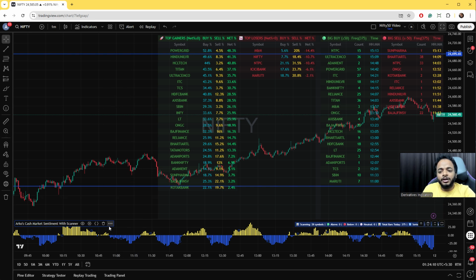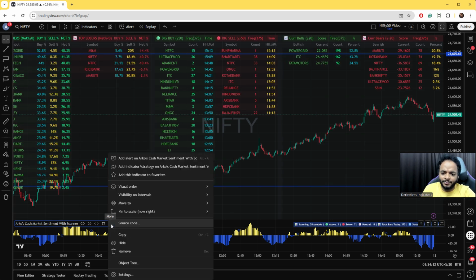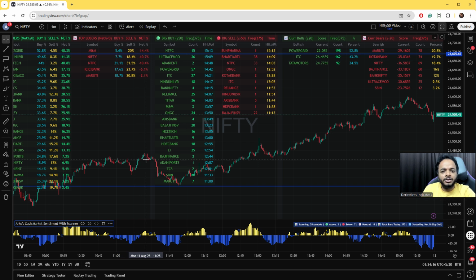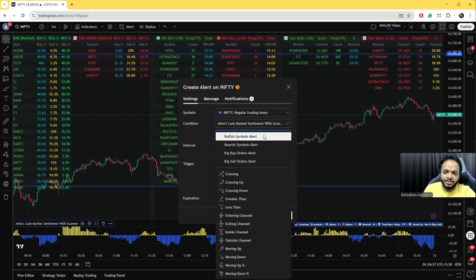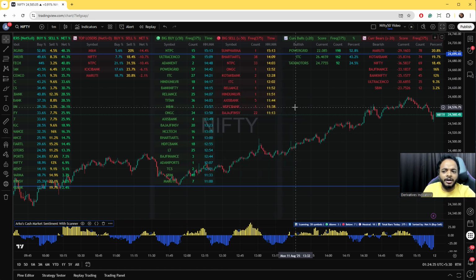And also talking about the alerts, you can go to the alert segment, add alert. So if you come down here, you have bullish symbol alerts, bearish symbol alerts, and big buy, big sell orders alerts also. All these alerts you can put, so whenever some big sell or big buy happens, it will alert you.